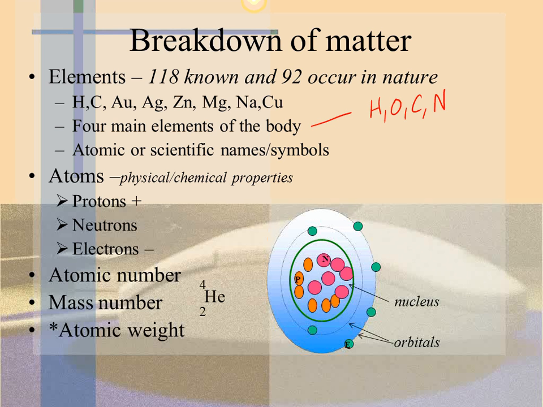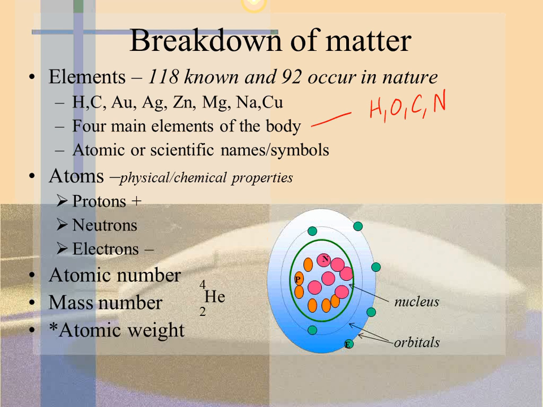Whenever we talk about elements, especially in chemistry, we always use scientific names or symbols for them. They are either the first letter of their name, or the first and second letters, or you might use a Latin name. Hydrogen, for example, is H, the first letter.